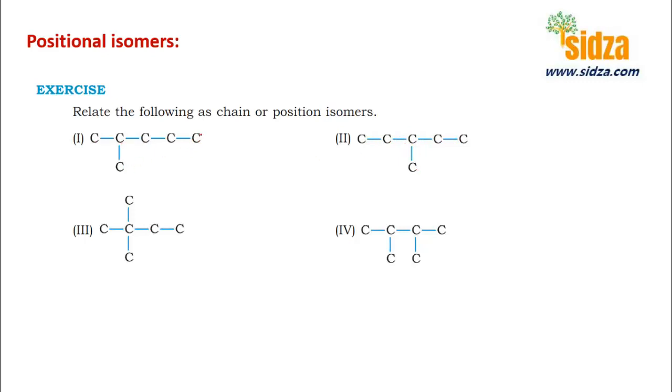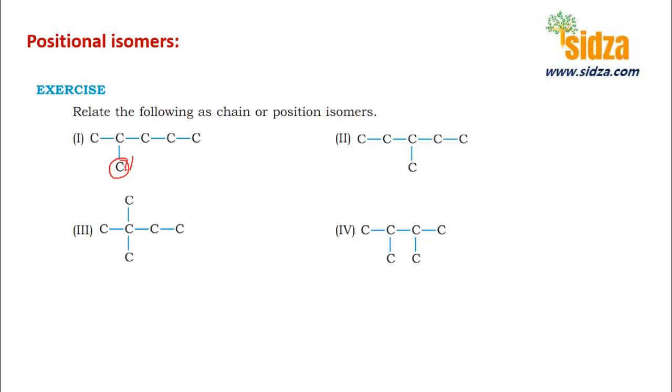So if you look at the first and the second, the basic carbon skeleton is the same, right? 5 carbons here, 5 carbons here. The substituent group is also the same. Correct? The only difference is that they have a different position of this particular carbon.